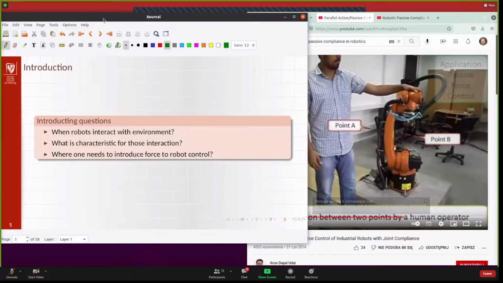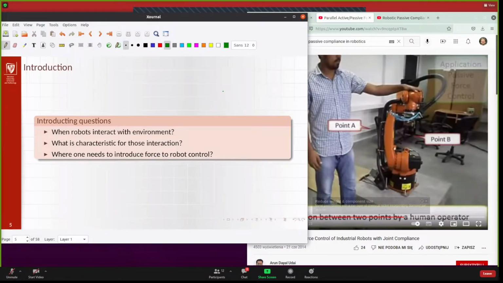On the other hand, when you have a non-intentional interaction, for example, with a human, so you are driving a mobile robot and you collide with a human, to be safe, the robot needs to satisfy certain norms, and these norms say what is the maximum force that the robot can interact with a person to be allowed to be in the same area as people. So we can either want to apply certain force bigger than or force smaller than, depending on the kind of the interaction and the applications that we have.